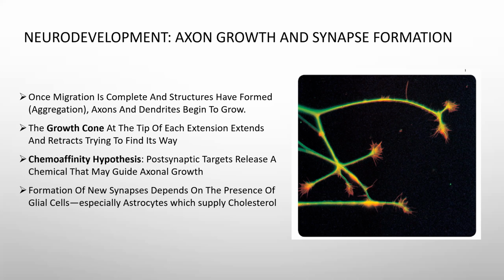Again, the picture at the right shows you those growth cones. Chemoaffinity hypothesis states that postsynaptic targets release a chemical that may guide axonal growth. Formation of new synapses depends on the presence of glial cells, especially astrocytes. Remember, those were the large star-shaped glial cells, which supply the cholesterol.